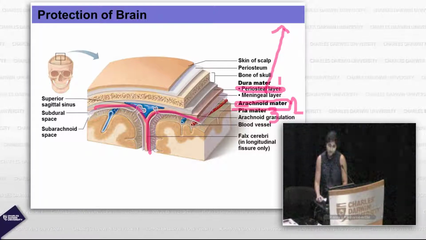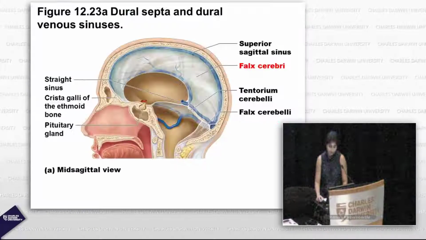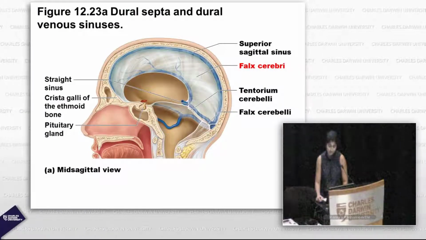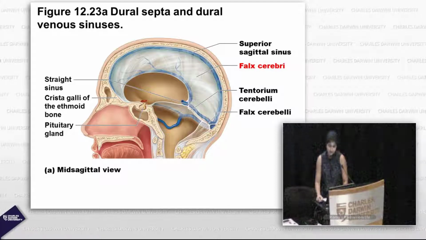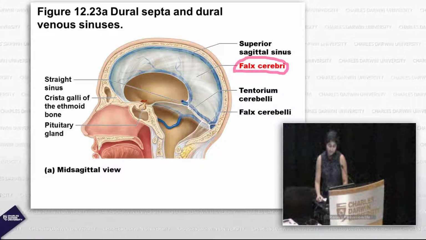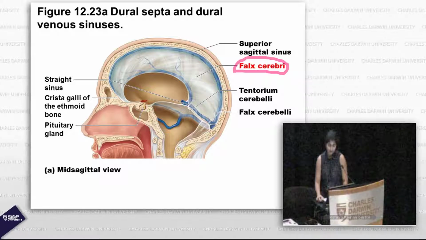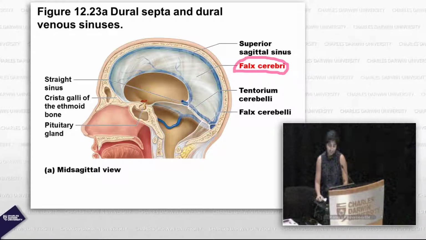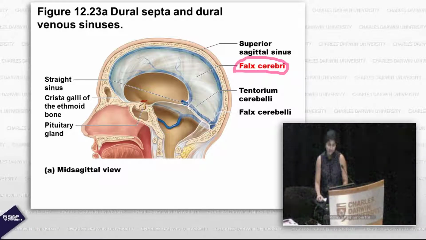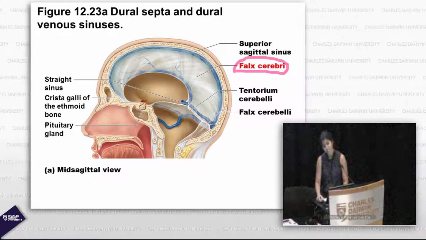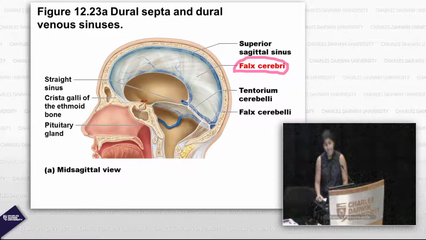Of the dura mater, there are three important septa. First is the falx cerebri, which sits in the longitudinal fissure and separates your cerebral hemispheres. Then you have the falx cerebelli, which engulfs just the cerebellum, though that's not seen here.